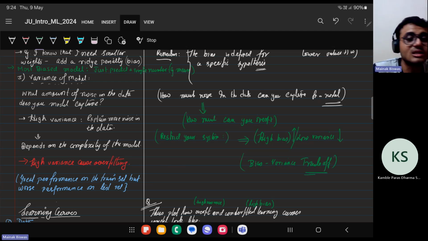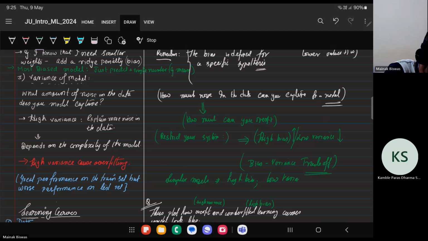So simpler models have high bias and low variance. Similarly, complex models will have low bias and high variance.